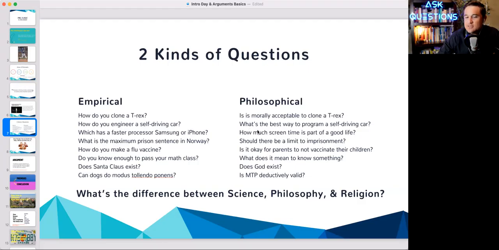So the scientists, they can't really answer this question unless they engage with the philosophical method. What's the morally best way to program a self-driving car? So, for instance, let's say that the people that are programming the software of these self-driving cars realize that they need an emergency plan, say if the brakes fail in the car.